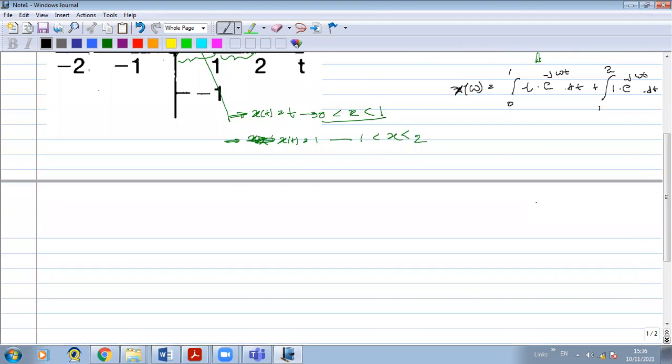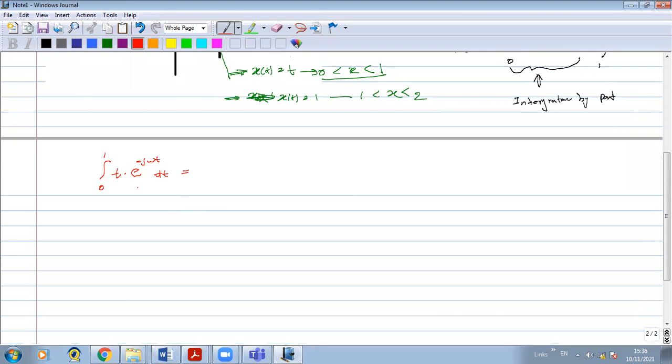If you consider this first part, we have to use integration by parts to evaluate this component. So I take only this part, the integral from 0 to 1 of t e to the power minus j omega t dt. We have to select this term t as u, and this term as dv by dt.